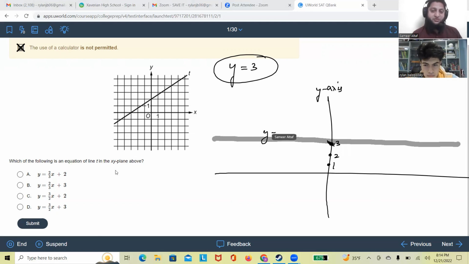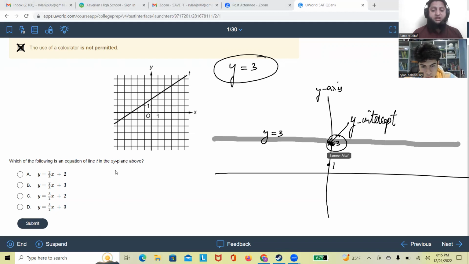Y equals 3, right? So whenever the line crosses the y-axis, we say that this point where the line crosses the y-axis is the y-intercept. Intercepting, crossing, cutting. So we say it's the y-intercept.